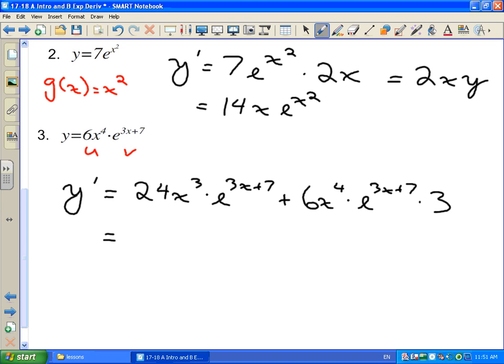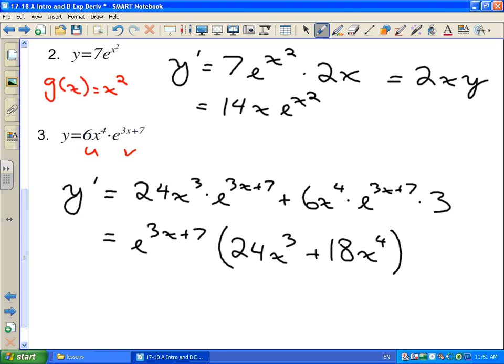So now we should look at what's common to these two terms and try to factor it. So we can definitely factor out e to the 3x plus 7, which is going to leave us with 24x cubed plus 18, because that 6 gets multiplied by the 3, 18x to the power of 4.